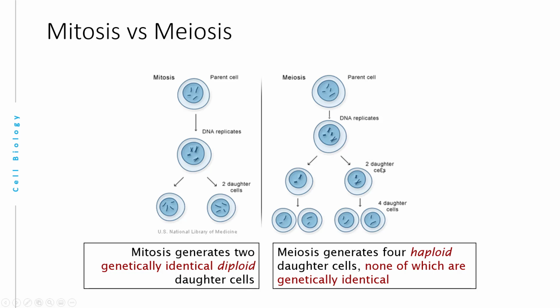Then these 2 daughter cells divide again to form a total of 4 daughter cells. But if you compare the parent cell with these final daughter cells now, you'll see that these 4 daughter cells are haploid because they contain half the amount of DNA as compared to the parent cell. And none of these cells are genetically identical.